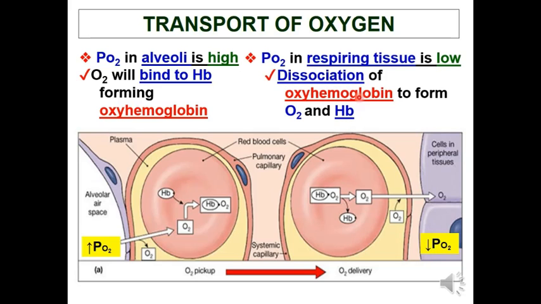This causes the oxyhemoglobin in the red blood cell to dissociate to form hemoglobin and oxygen, and this oxygen is released and diffuses into the respiring tissue to be used in cellular respiration to generate ATP.